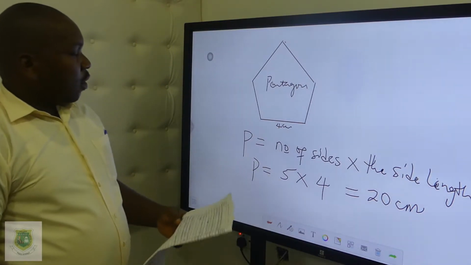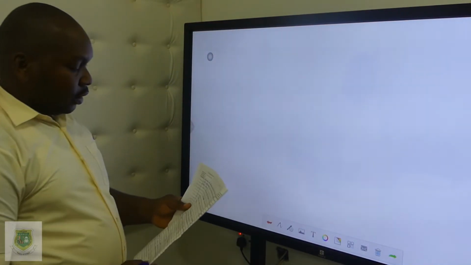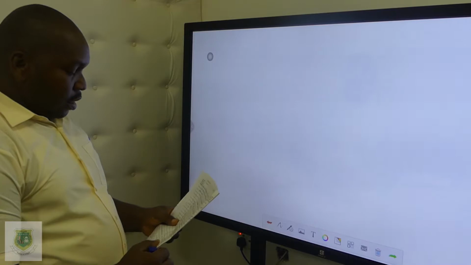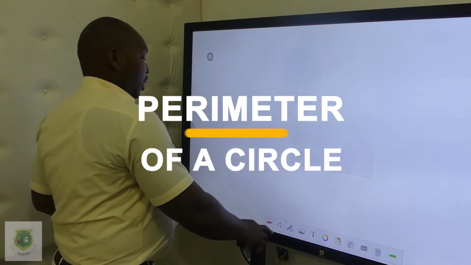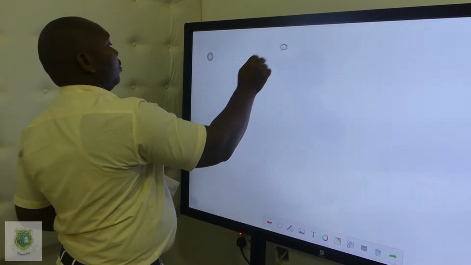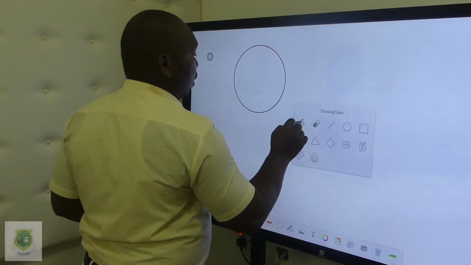Another one we're going to look at now is to calculate the perimeter of a circle.